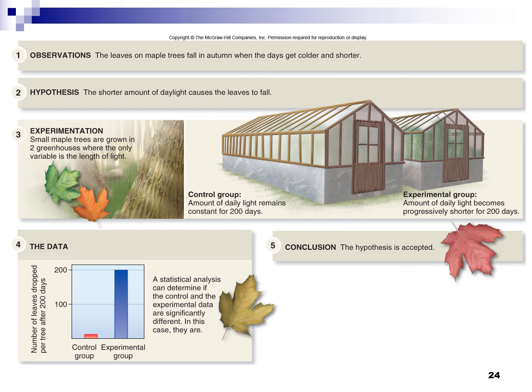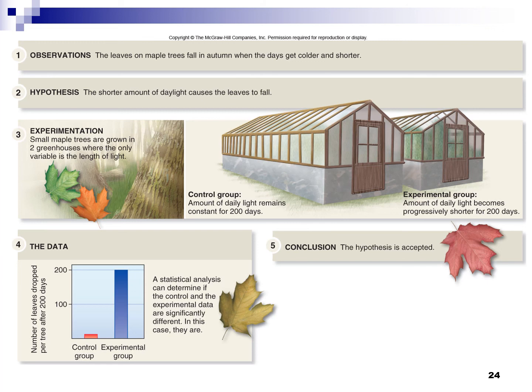So by comparing the control to the experiment, we can say by changing the amount of sunlight, more leaves fall. If we didn't have the control group, then we'd have nothing to compare it to. Okay, so 200 leaves fell. Big deal. What does that tell us? It wouldn't tell us anything because maybe in another group 400 leaves fell or 50 or 30. We have no idea. So by using the control group, we have something to compare the experimental group to.